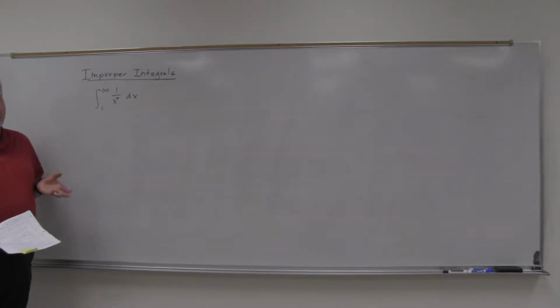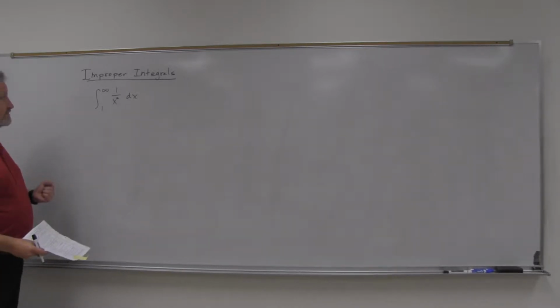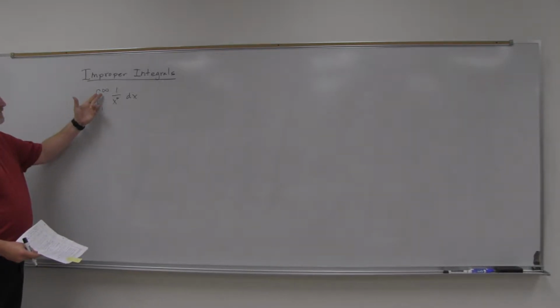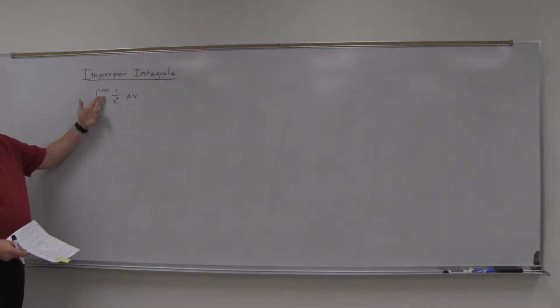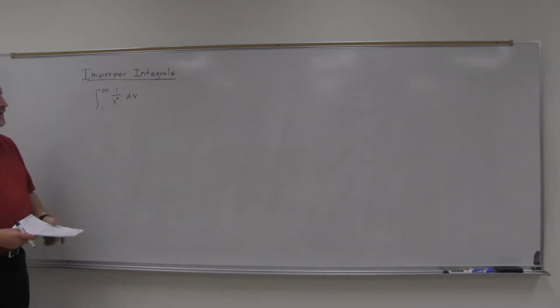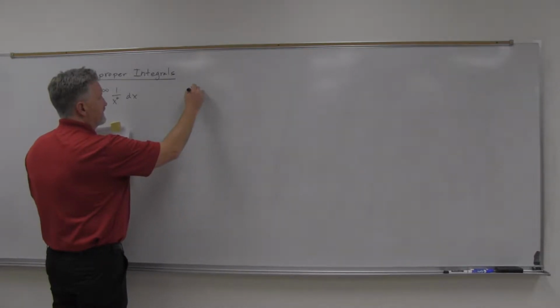Well, in the first place, does that even make sense? It does. In certain cases, we can compute it. We can have an infinite limit, and that actually turned out to be a number. We'll look at that a little bit here.